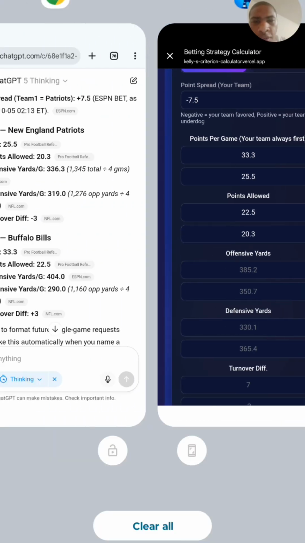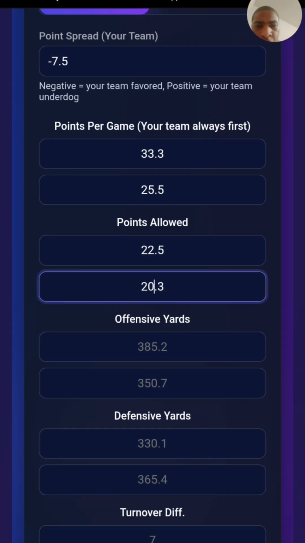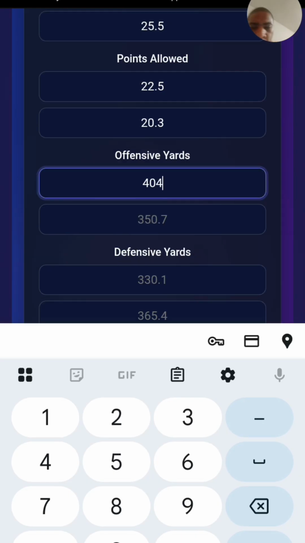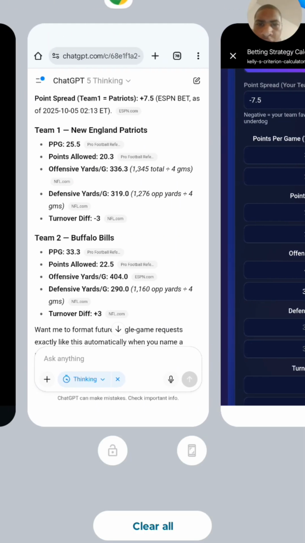Okay, offensive yards. 336, 404. Try to remember that. 404. Can't remember. 336, I think. Okay, that was right.